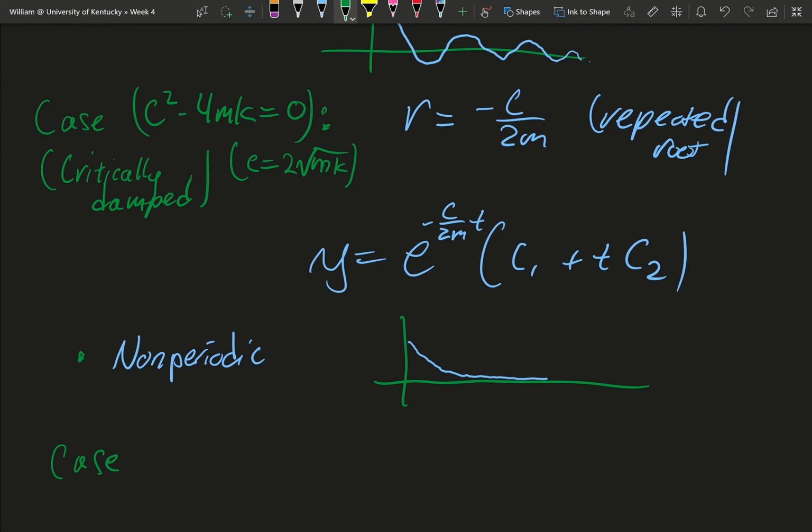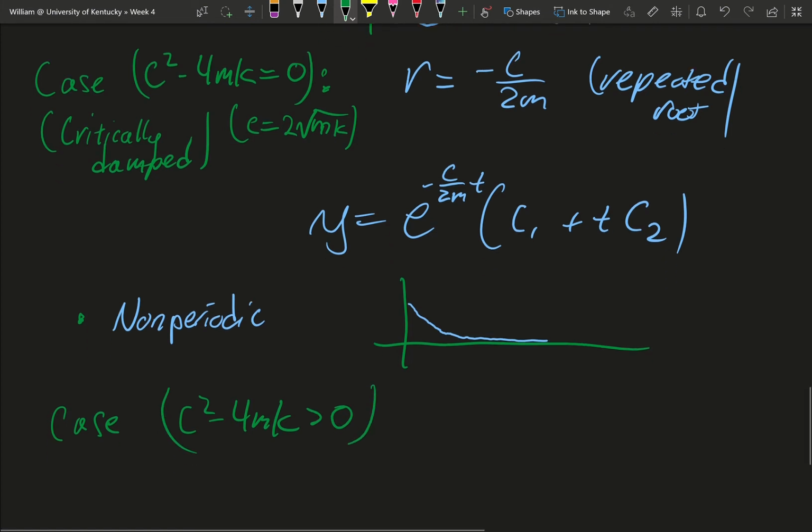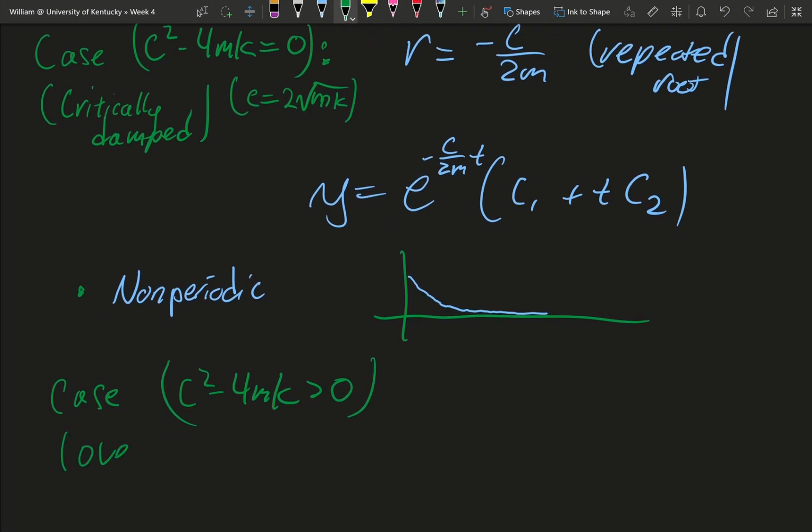So the next case is c squared minus 4mk greater than 0. This is what's known as overdamped, and this is going to have two distinct real roots.